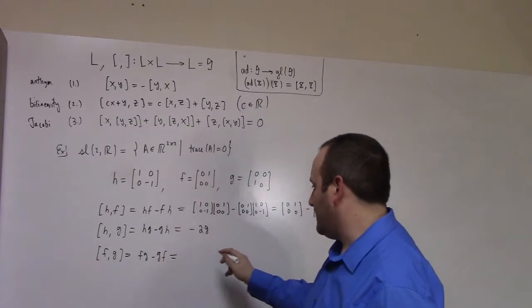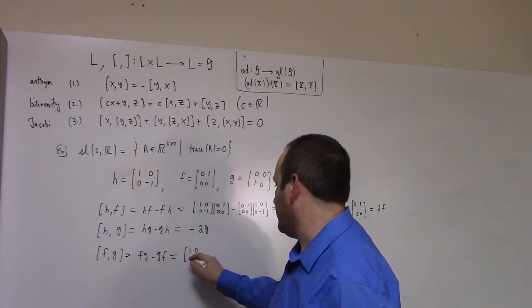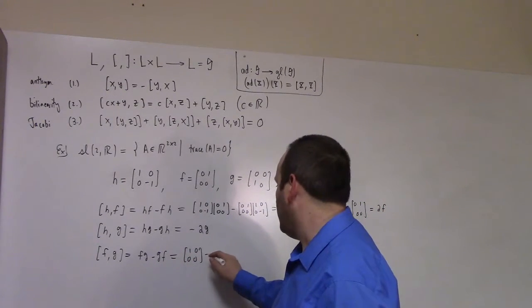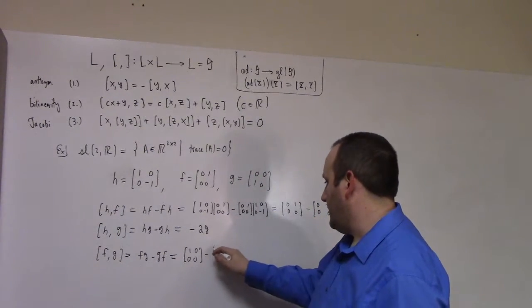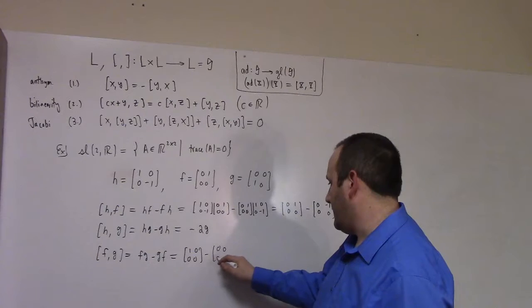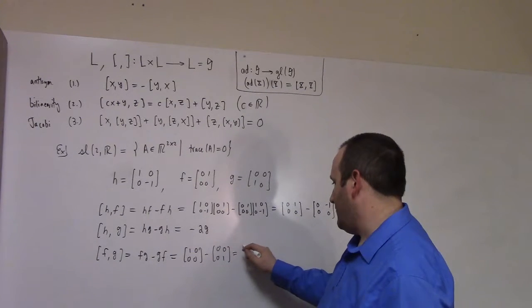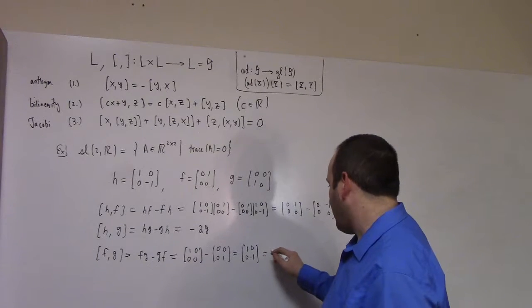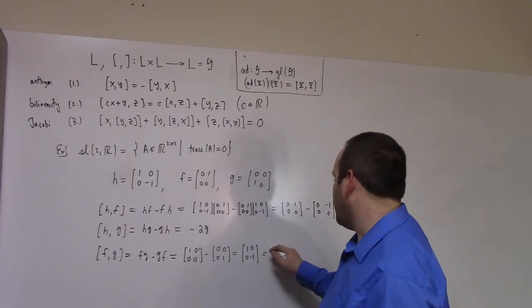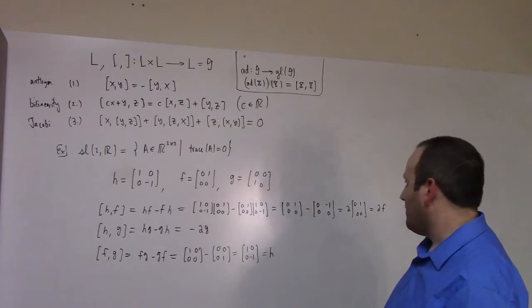F times G, the first thing I think gives me 1, 0, 0, 0. Yeah. And the second one gives me 0, 0, 0, 1. Right, so it's just H. Put it in the wrong place. So yeah, 0, 0, 0, 1. Cool. So negative H. Or just H. Yeah.